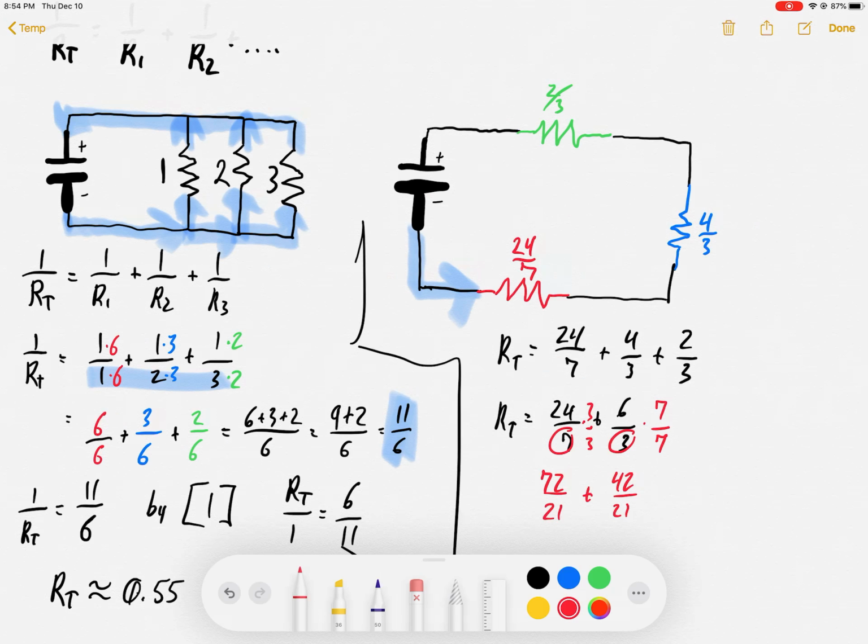And 6 times 7 is 42. Add your numerators. 72 plus 42 over 21. That is 112 over 21. I don't think that's going to reduce any. So that would be your final answer.